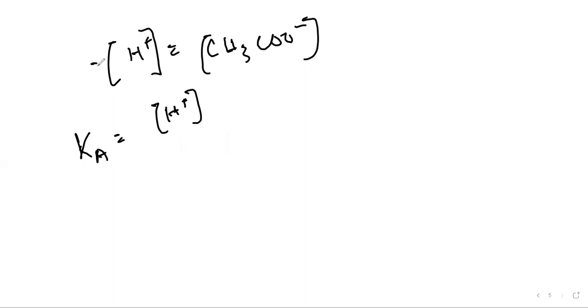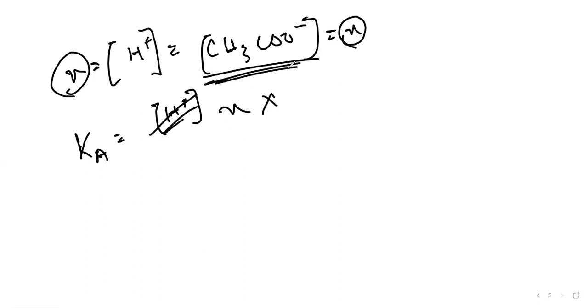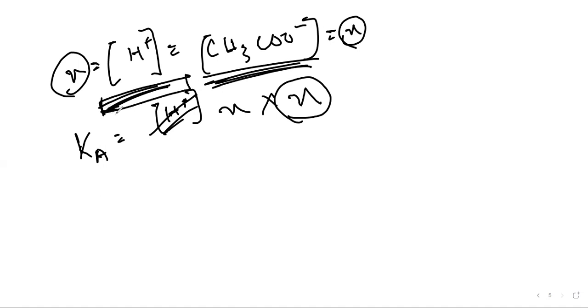If H plus is X and CH3COO minus has an equal molar ratio, we can also write CH3COO minus as X. If we place the values in their respective positions, in terms of H plus we get X, multiplied with the concentration of CH3COO minus, which would also be X, and X is equivalent to H plus.